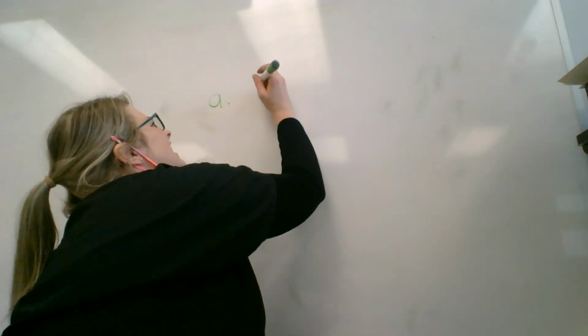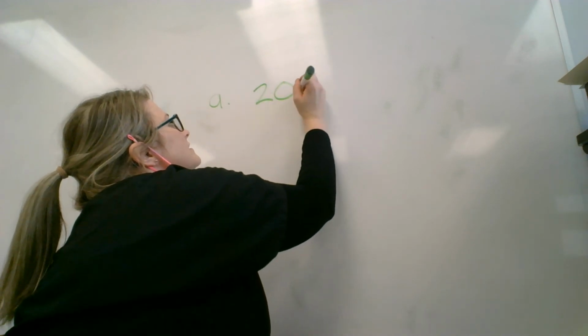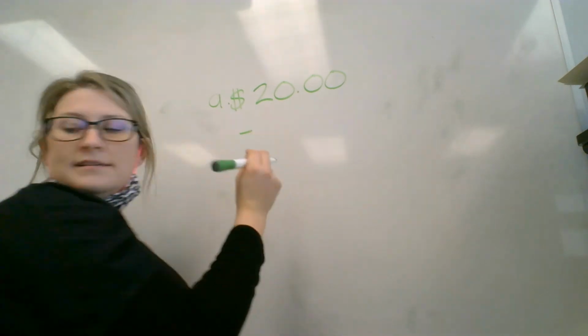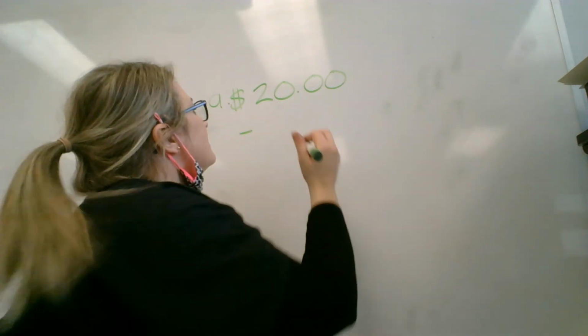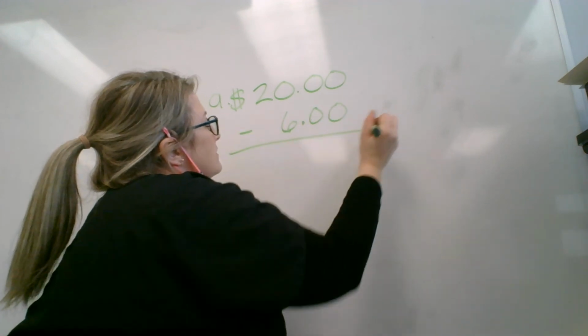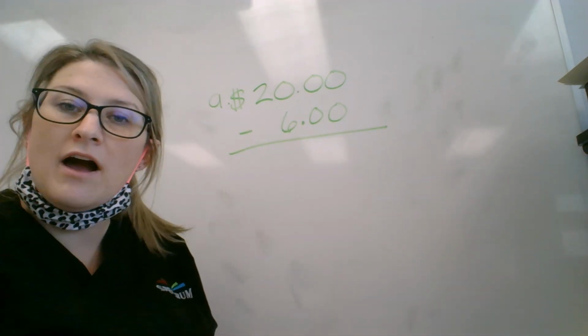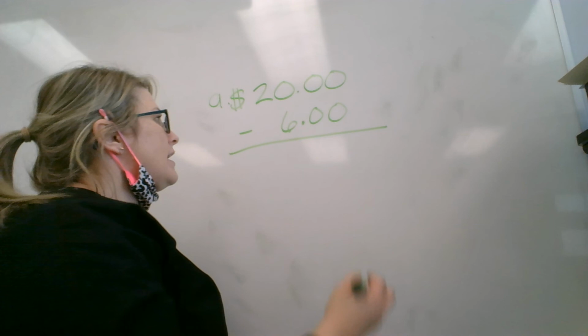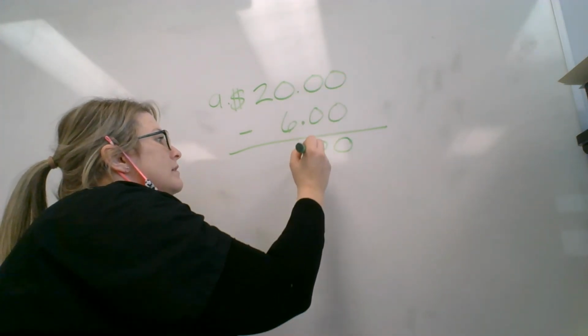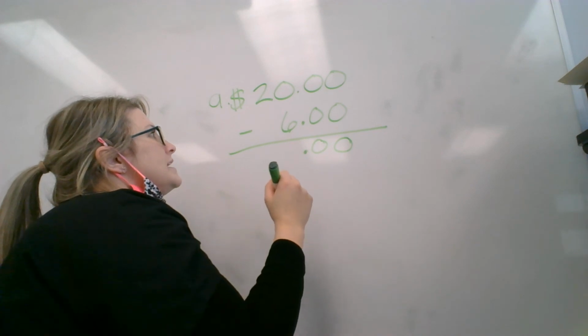So person A had $20. They purchased the hat, which is $6. I have to figure out how much they ended up with. Okay? 0 minus 0 is 0. 0. Decimal point for the cents.